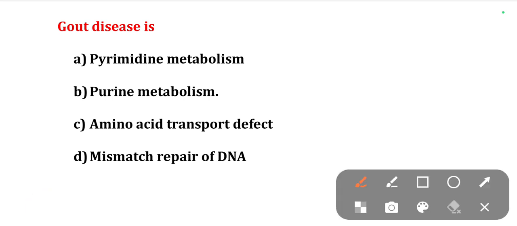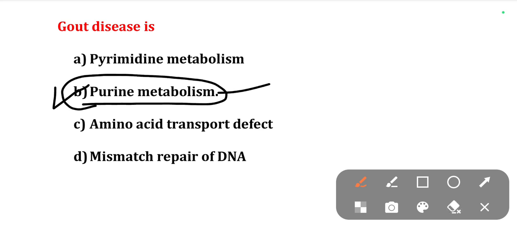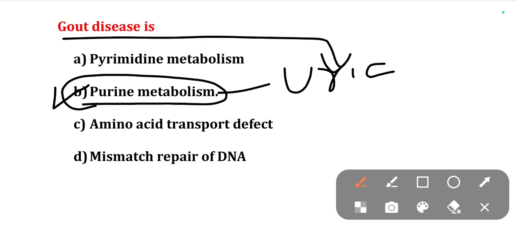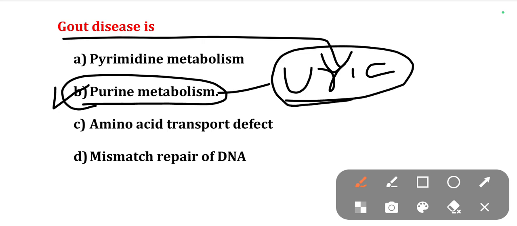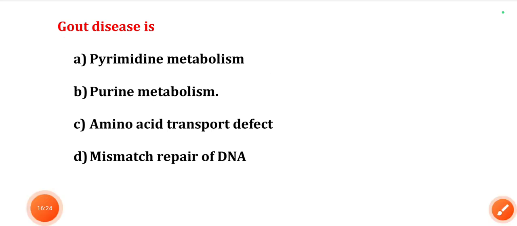The right cause is purine metabolism. After purine metabolism, the excessive formation of uric acid leads to gout. Gout is caused by the formation of uric acid crystals at the site of joints.